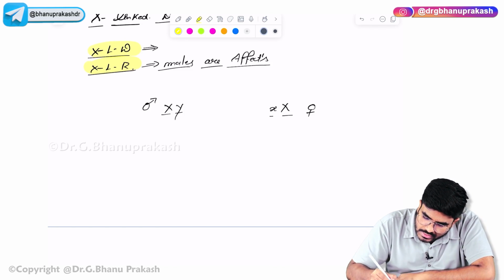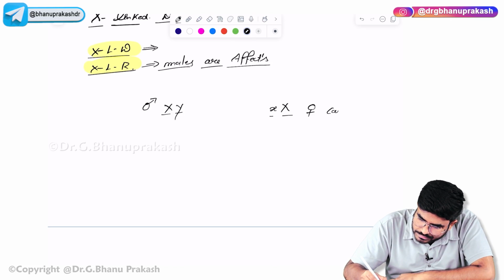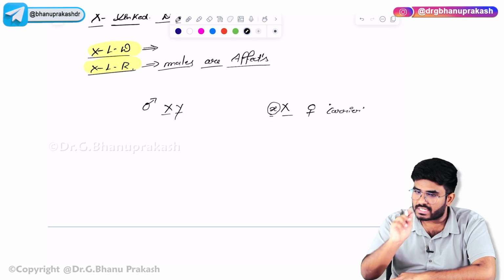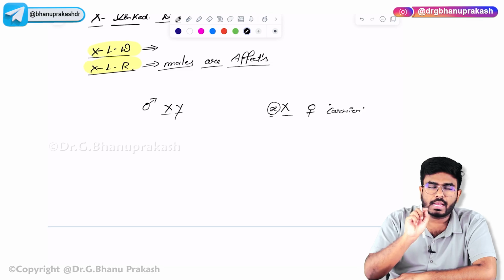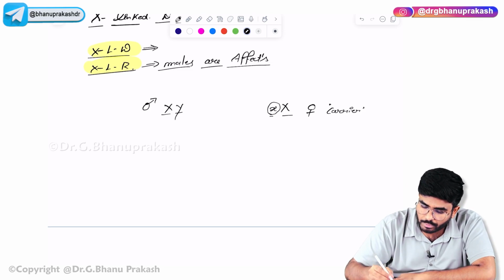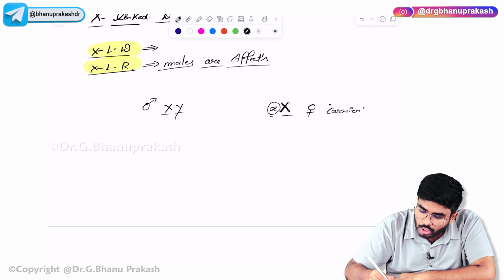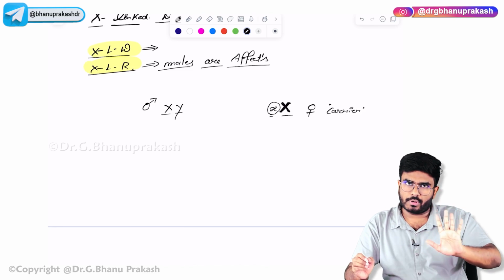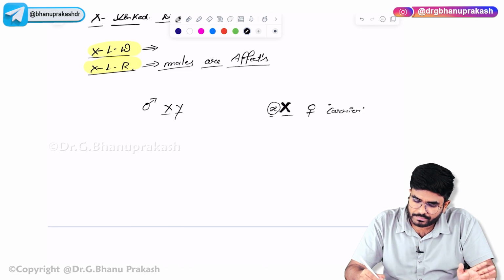Here I am showing you, this female is a carrier. Though she has a mutated gene on one X chromosome, which I am showing as a small x, she doesn't have any problem because she has a dominant allele. On the other X, the normal allele is functioning, no problem. The female will be a carrier.